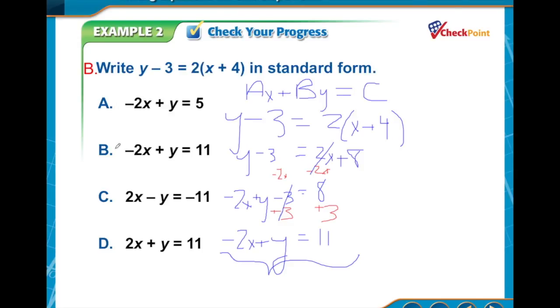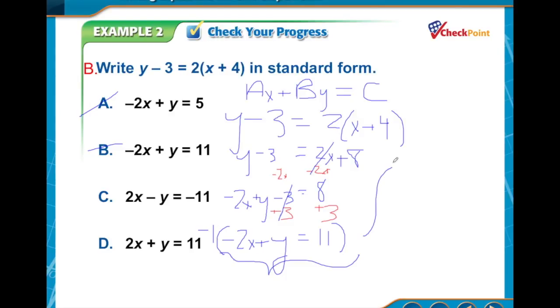Well, yes, you have done appropriate steps, but the problem is we're not finished, okay? Because our A value, the number attached to X, needs to be positive, not negative. So B and A can't be correct.